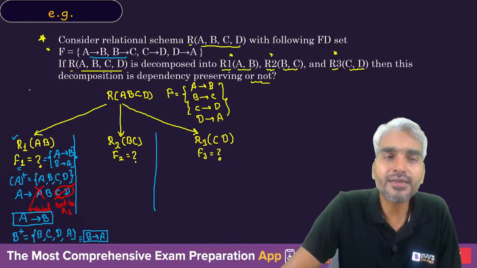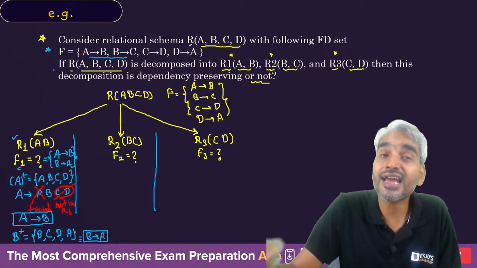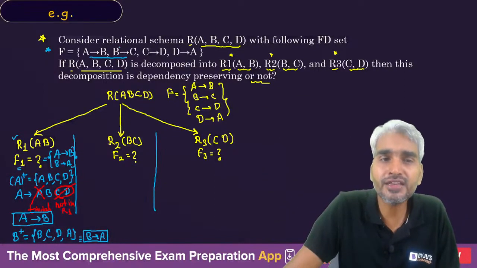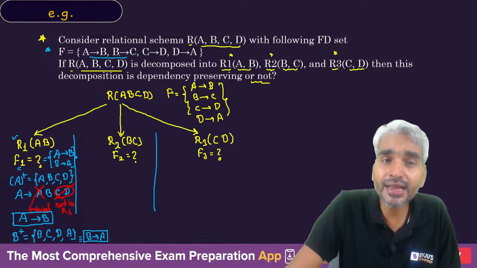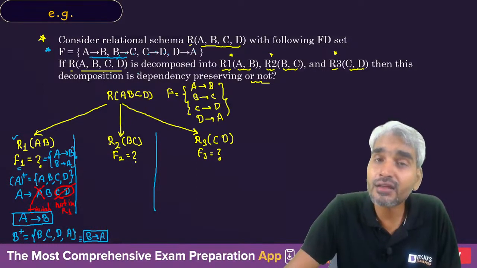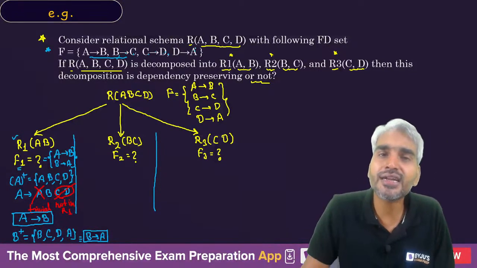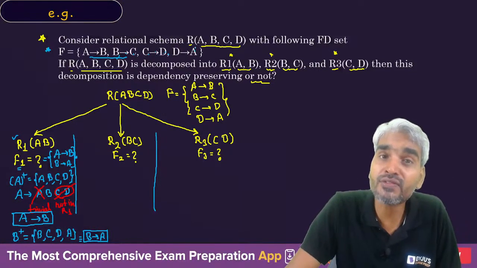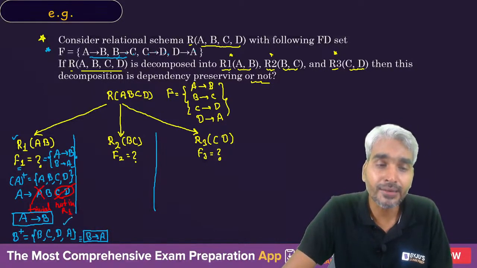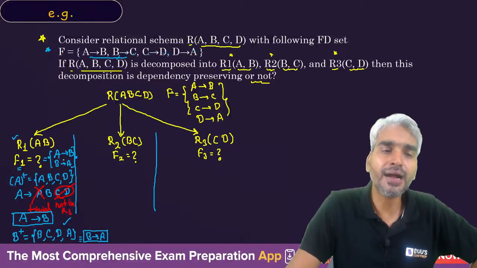You just need to understand that not all FDs need to be represented in the FD set explicitly. There are certain things which can be implied from the FD set. You can see B to C and C to D, therefore B to D. Now B to D and D to A, therefore B to A. So B to A is present in F with the help of transitivity. Though we are not writing it directly, whenever we compute the closure, we will get that information. Got the idea? So B implies A is a part of this.